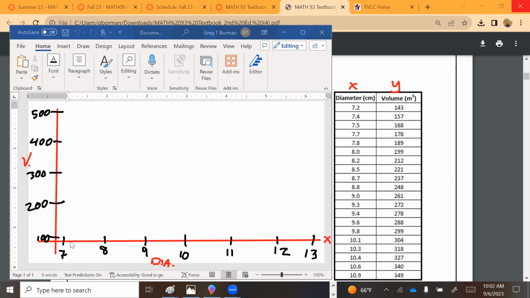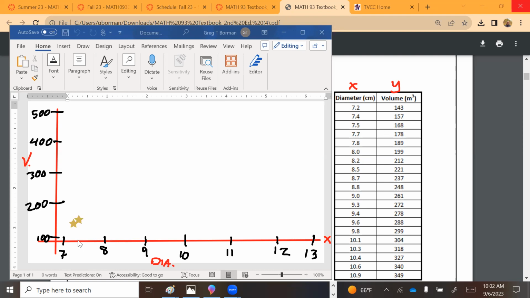So 7.2 is about there, and 143 is not quite halfway to the 200, so maybe about there. The next one is 7.4, 157. I'll go over to 7.4, which is just about 7.5, and then up to 157, and I'm about there. Again, we're not looking for perfection. That'll come later when we do all this on the calculator, which is not in this section.